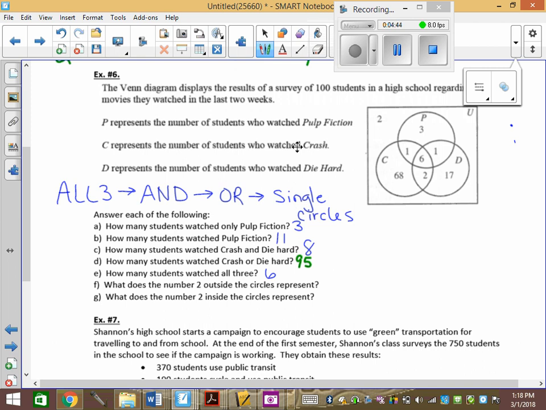What does the number 2 outside the circles represent? The people who don't watch any of the 3 movies. What about the 2 inside?